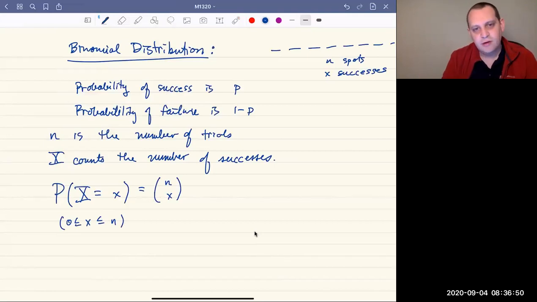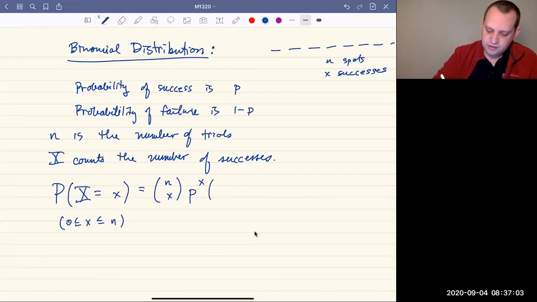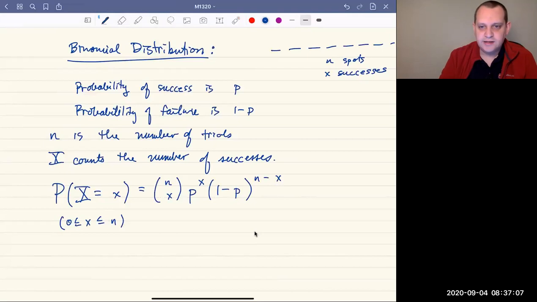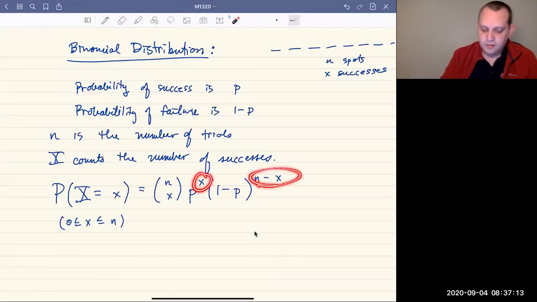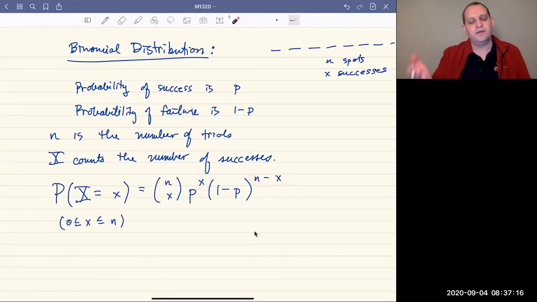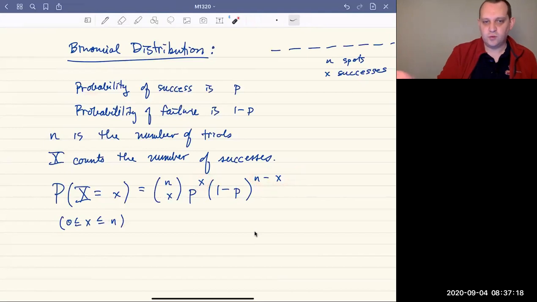Now we need to think about the probability of one of those ways. So what's the probability of getting exactly x successes? Well, it'll be p to the x times 1 minus p to the n minus x, because these two exponents have to add up to the total number of trials. In our previous example, those exponents added up to 4.